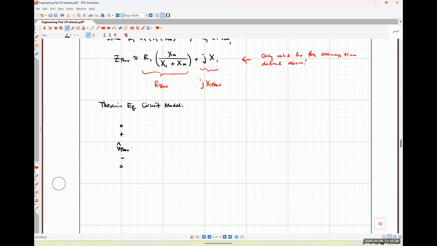It's taking the place of our input voltage. Here's R Thev. Here's jX Thev. This dashed line represents our air gap. Once again, this is where we disconnected that network. Effectively, our stator network found the Thevenin equivalent.